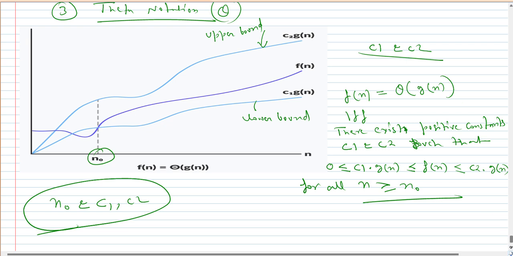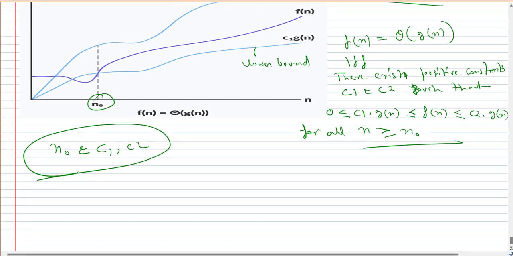Before coming to the example, let me summarize all these three notations. So we have big O notation, omega, and theta.